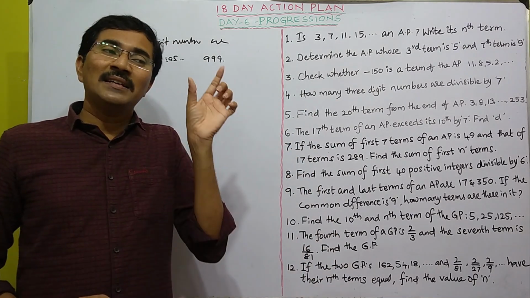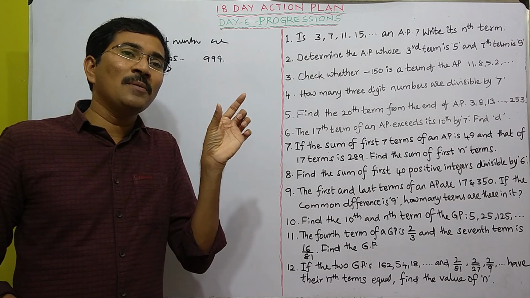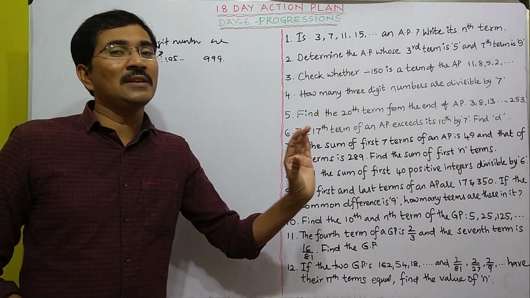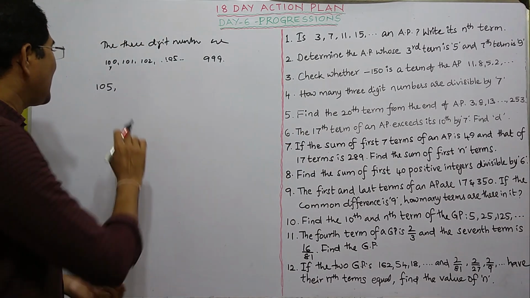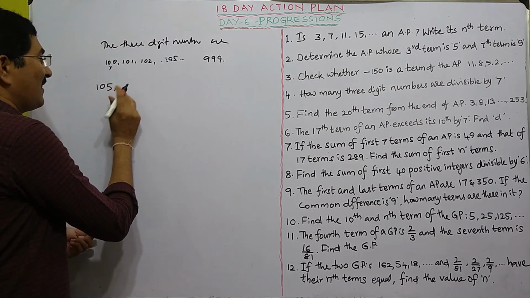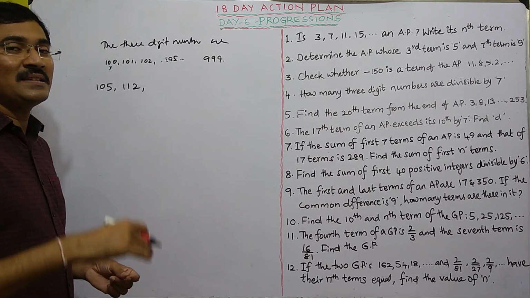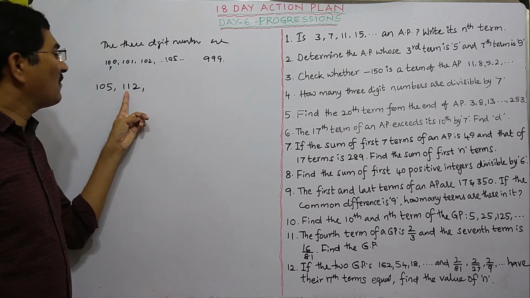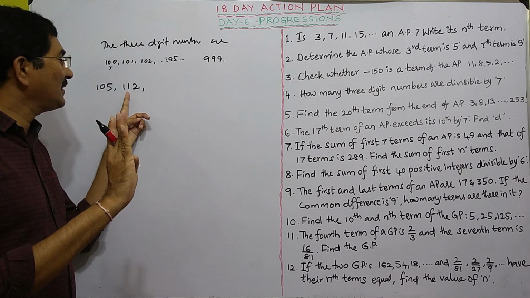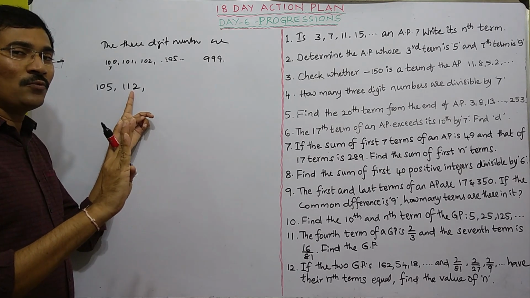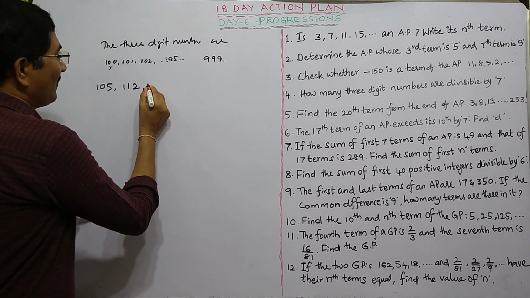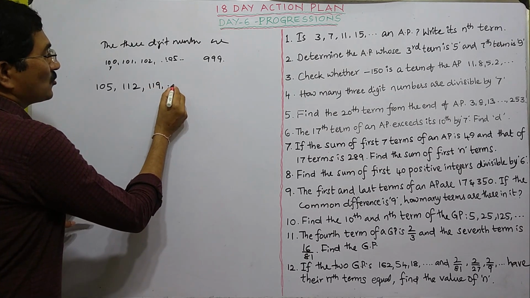That means the difference between those divisible by 7 continuously will always be 7. So if you take 105, the next number will be plus 7, 112. So 112 will be definitely divisible by 7. Let us see if you have a doubt. 7 ones are 7, you have 4 remaining, 42 it becomes, 7 6s are 42. That's it. So you go on adding 7, 119 and so on.